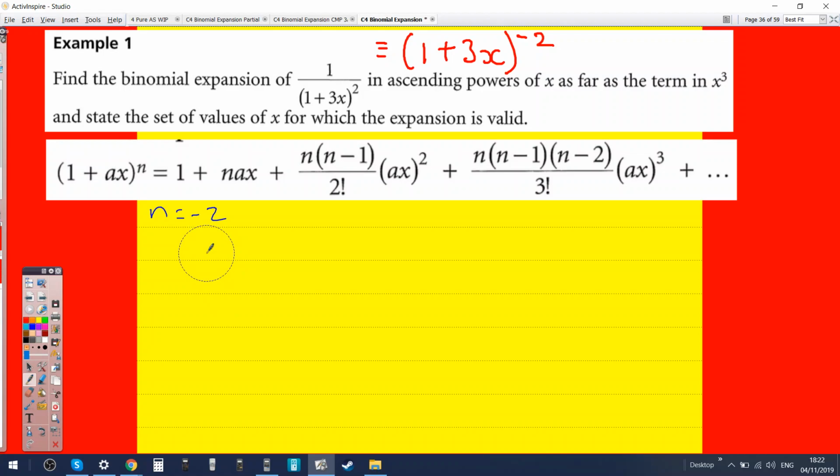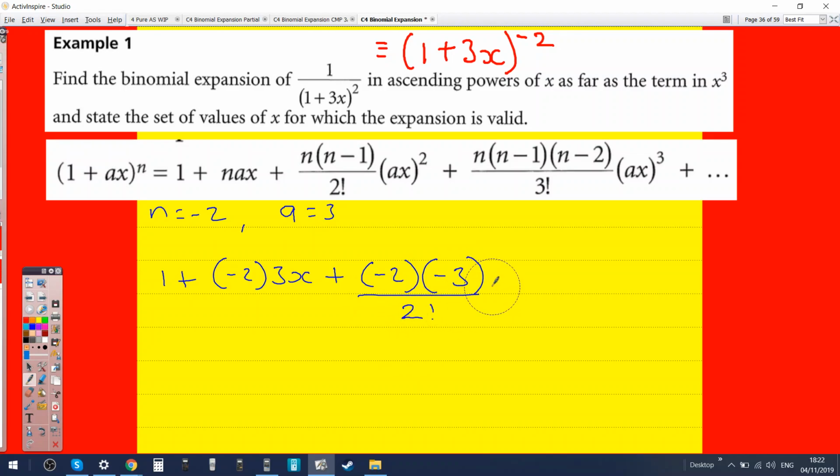So you do 1 plus minus 2 times 3x plus minus 2 times minus 2 minus 1 over 2 times 1 plus minus 2 minus 1 times minus 2 over 3 times 2 times 1. Oh, and the first one was multiplied by 3x squared. And the second one was multiplied by 3x cubed.